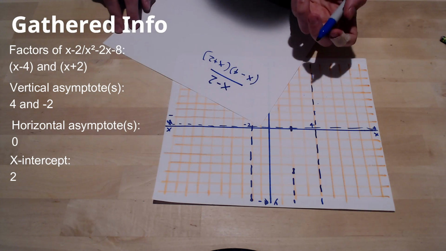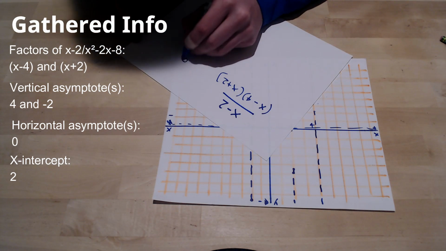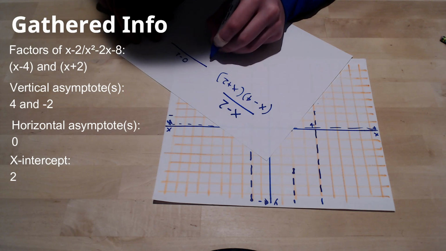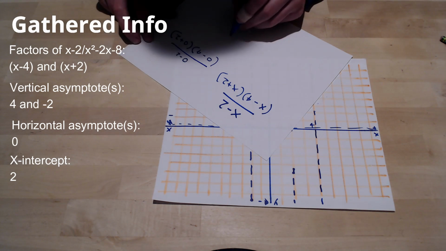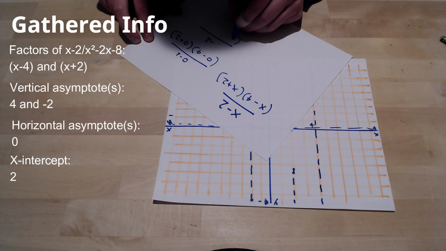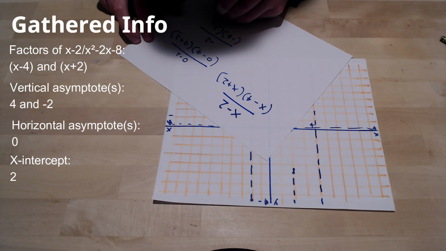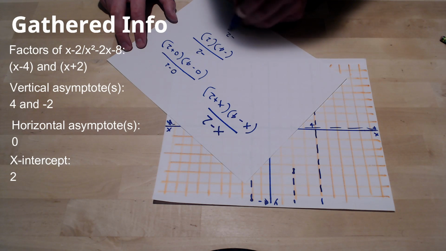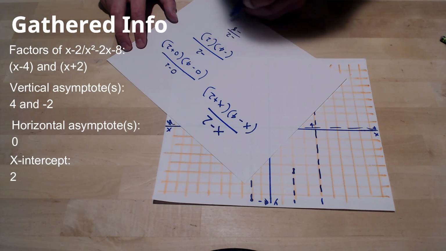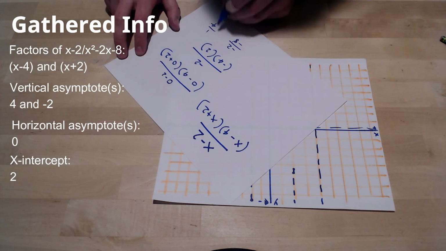So let's put in 0, for example. So 0 minus 2 over 0 minus 4 times 0 plus 2. So -2 over -4 times 2. And this, the denominator will come out to -8. -2 over -8 is 1/4.